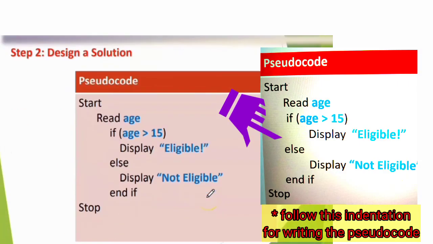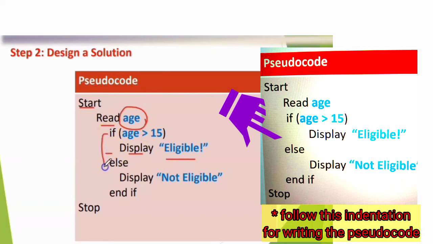To design a solution, to write the pseudocode, as usual, write start, read age, since we already discussed the input is age. Then start with if, put the bracket, age greater than 15. Display eligible, make sure you indent.